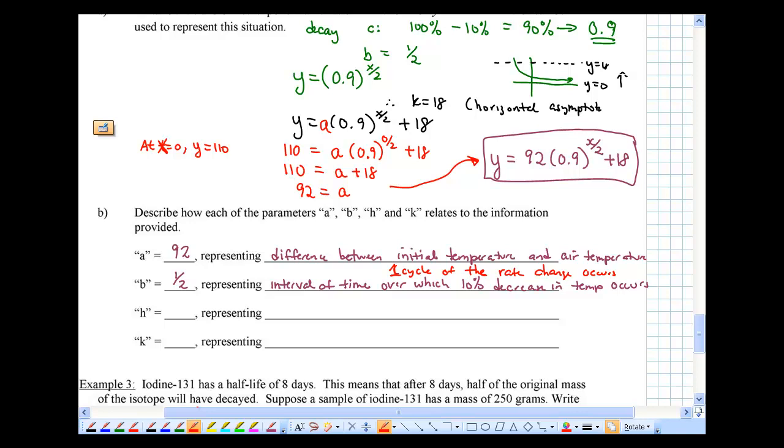Okay. And then the h value, well, in this case, there was no h value, so there really wasn't a shift in the time. So this just represents the starting time of the cooling process. And then K, the value of K, which is 18, represents the actual air temperature in the room.